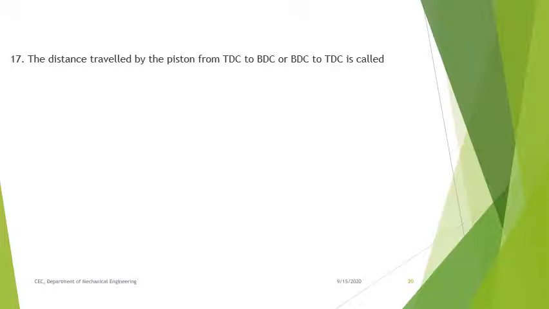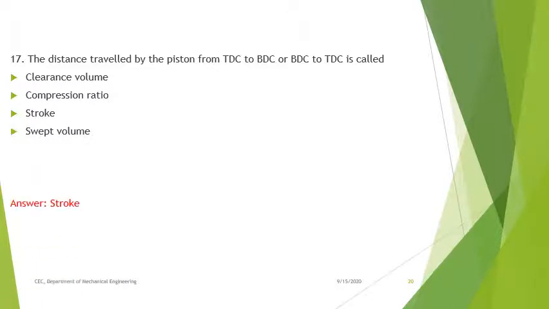The distance travelled by the piston from TDC to BDC or BDC to TDC is called clearance volume, compression ratio, stroke, or swept volume. The correct answer for this one is stroke. The distance is termed as stroke and denoted by L in an engine.